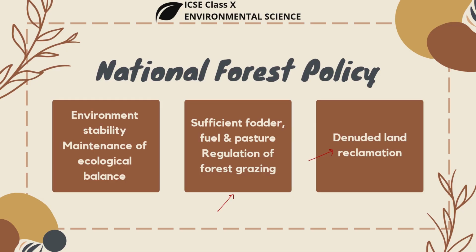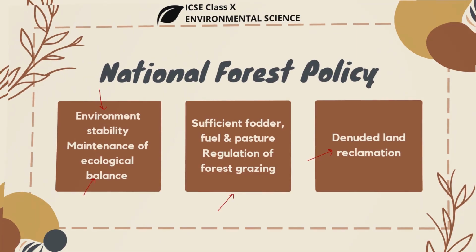That is also one of the ways that the forest policy has told. Basically ensuring that there is stability of the environment and we are able to maintain the ecological balance. These are the different aims that have been listed out with respect to the control of forest grazing in the national forest policy.